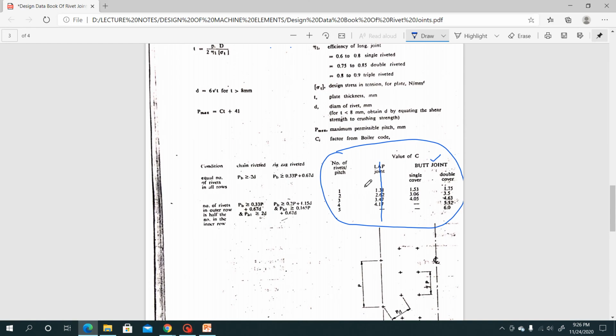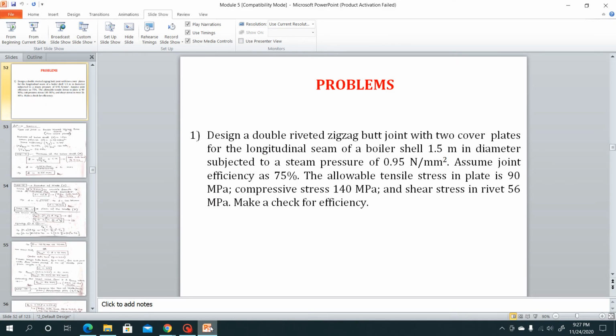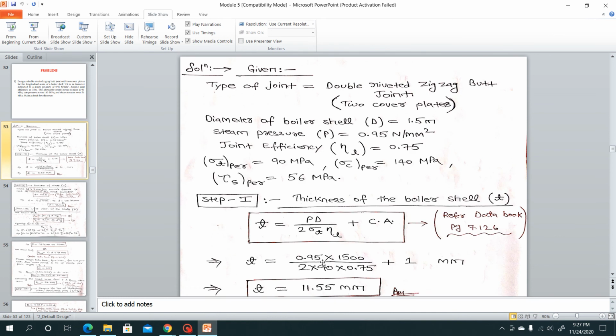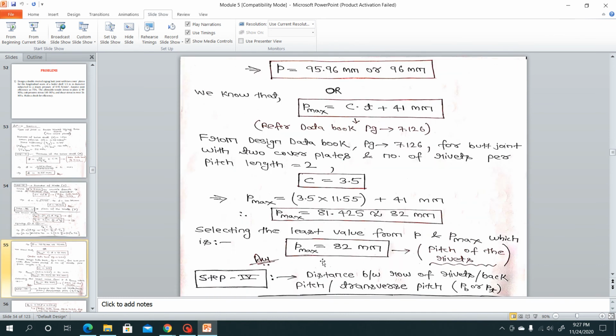If double cover is there and the number of pitch is 2, then the value of C will be 3.5.